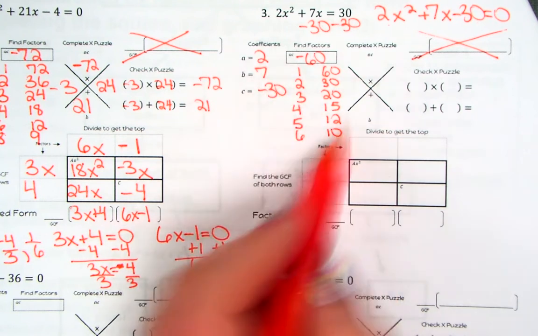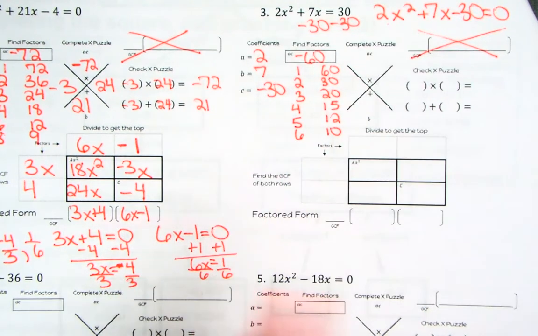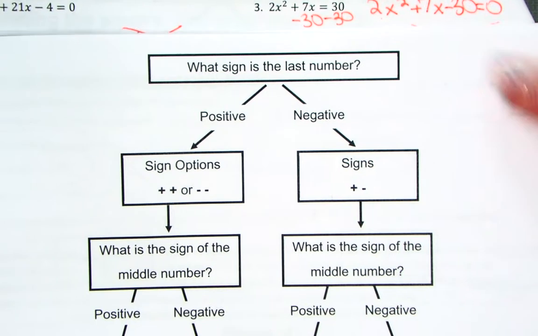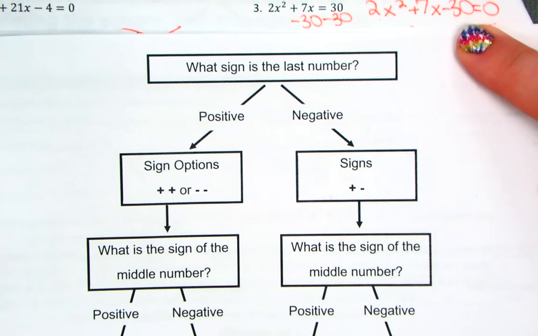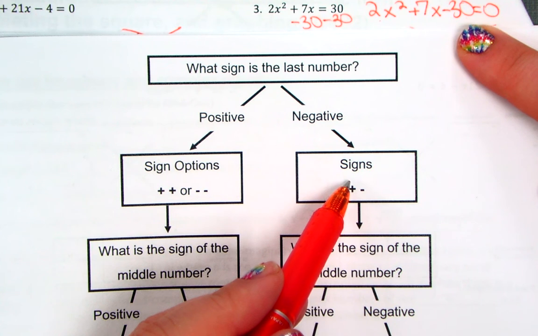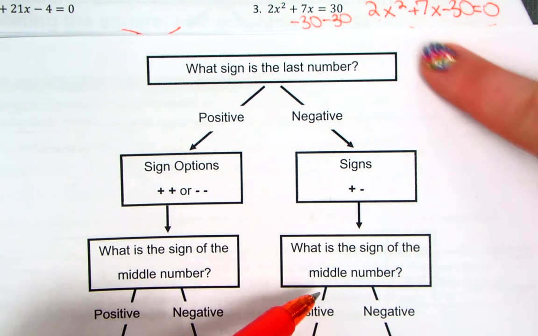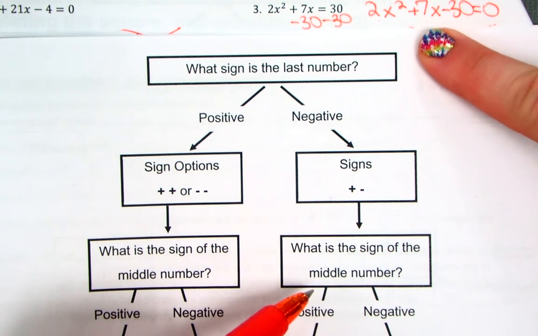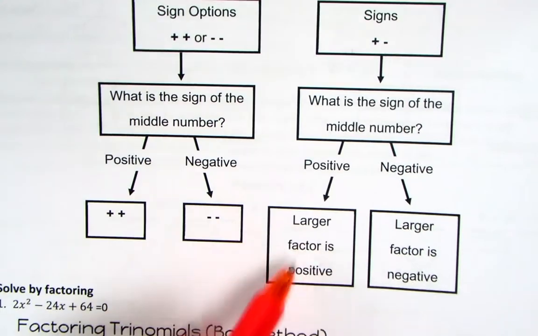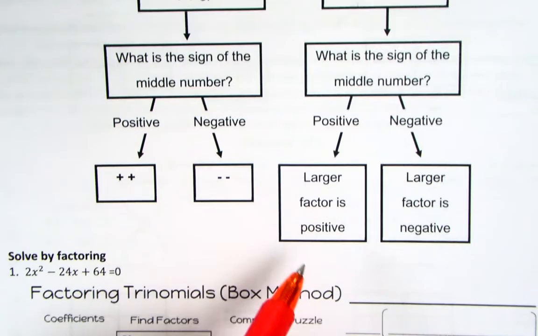So that's all of the factors. If you look at your factoring flow chart, the sign of my last number was negative. So it means I want 1 positive and 1 negative. The sign of my middle number is positive. So that means that my larger factor will be positive.